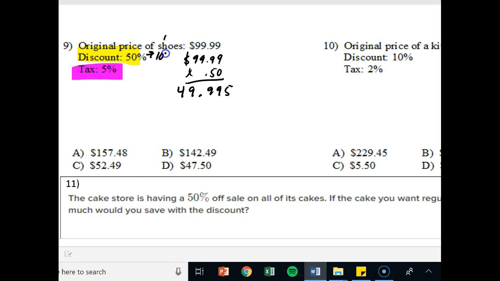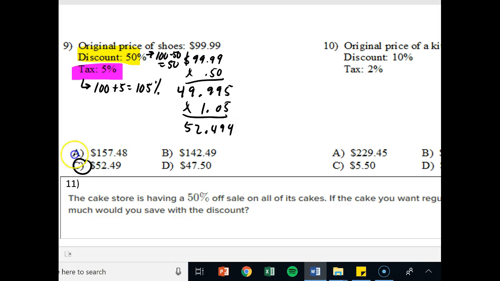Why did I do times 0.50? Because 100 minus 50 gave you 50, right? So then we do a tax of 5%, so 100 plus 5, which means we'll be paying 105% of this, so times 1.05. So multiplying by 1.05, you get 52.494, we'll call it, which means that rounds to $52.49.